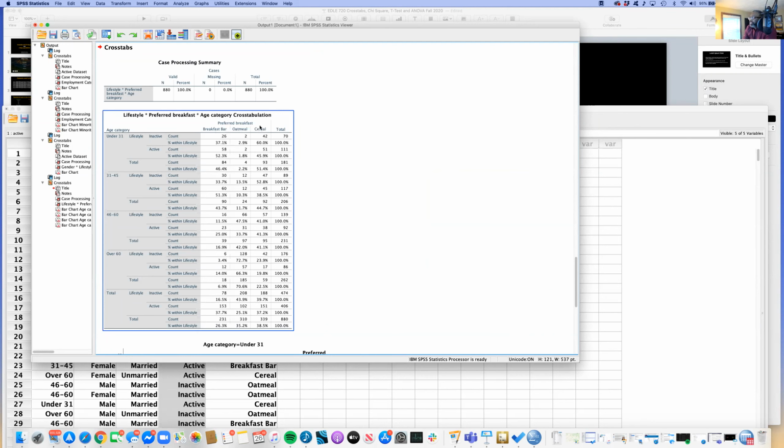Those are our 3 preferred breakfast choices. We're looking at younger folks here, staying in this first block. Let's look at how many people are active and like cereal who are under the age of 31.